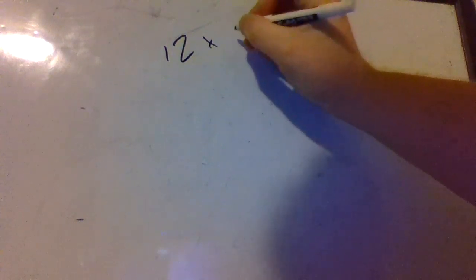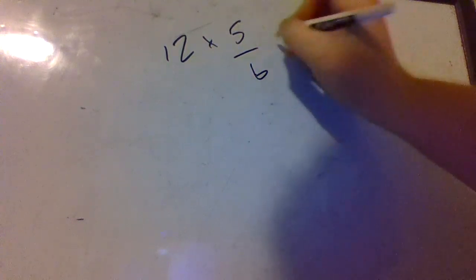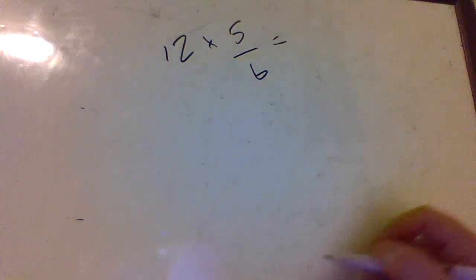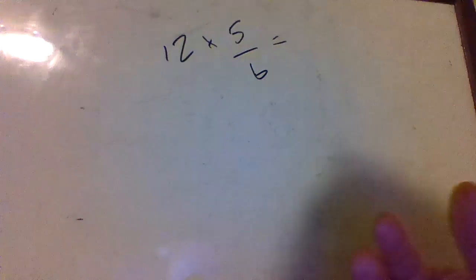All right, so let's do one more of those problems. Let's step it up a little bit. We've got 12 times 5/6. So, in a later video, I'm going to show you how to make this easier on yourself.